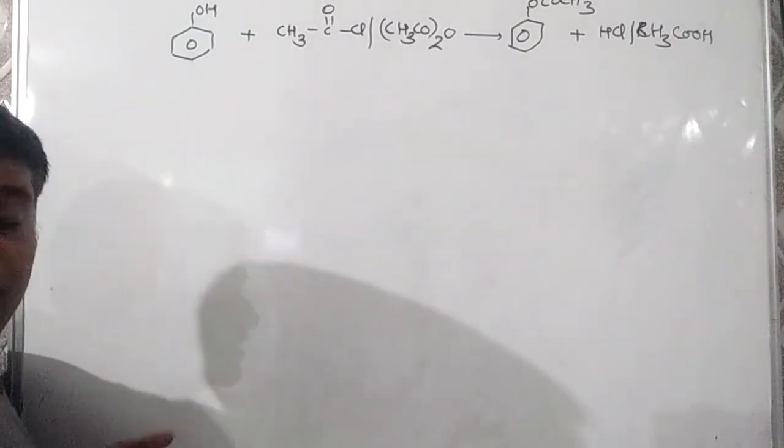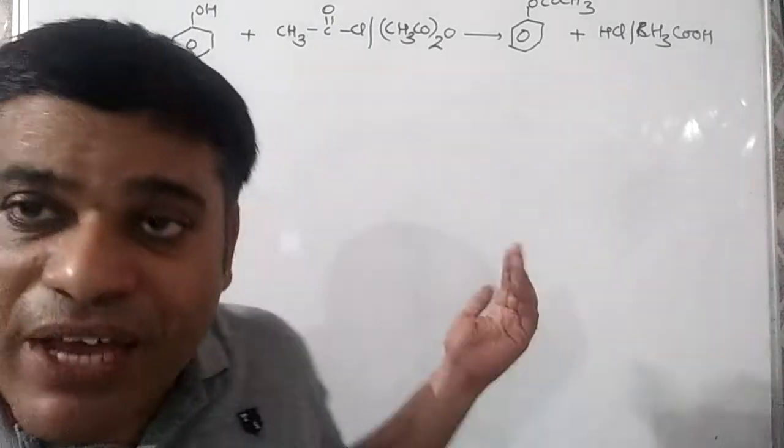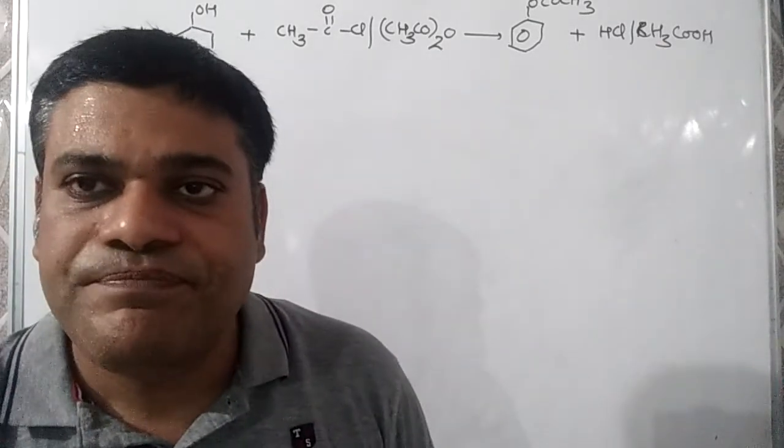When phenol reacts with acid chloride or acid anhydride, the product formed will be an ester, and that reaction is known as acylation.